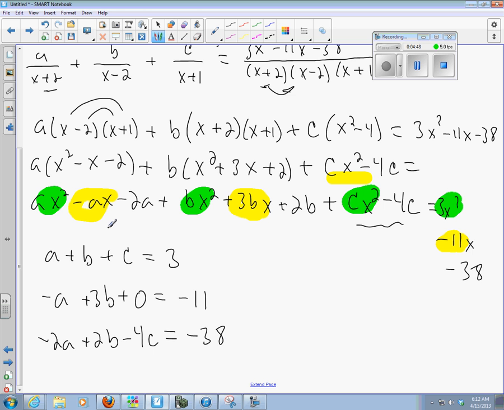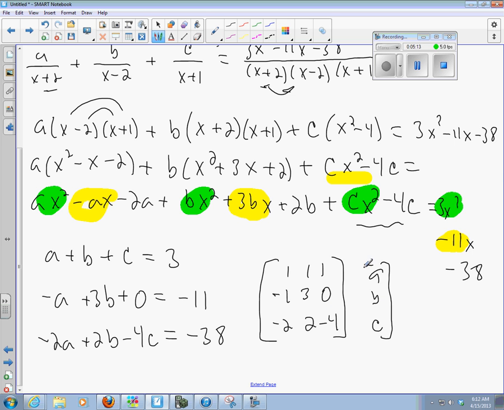Let's make sure I've got those right. This time I don't have to redo this. All right, that's looking good. So here's my matrix, just pulling the coefficients off. Notice I've got the 0. Okay, so that's my coefficient matrix. I have my variable matrix.